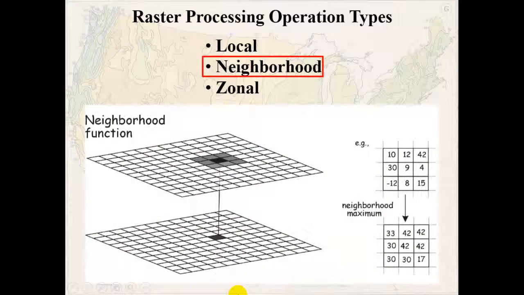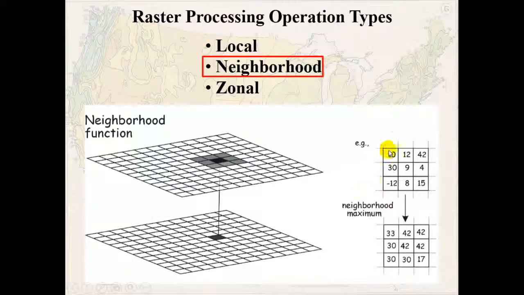Now we're going to talk about neighborhood operations. And just like with the vector model, the raster neighborhood type operations involve surrounding cells. So I'm going to make some type of computation associated with this focal cell. This is called the focal cell, and the answer that gets stored in the output is going to depend upon neighborhood cells.